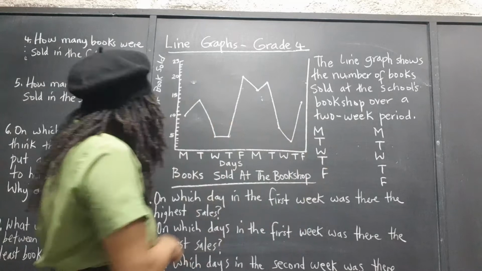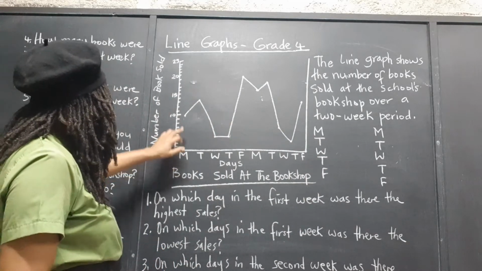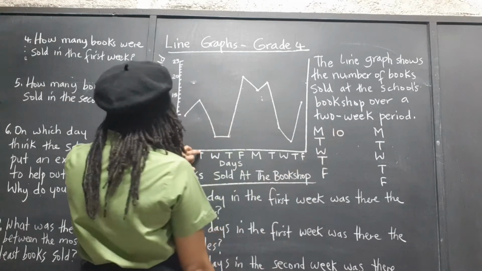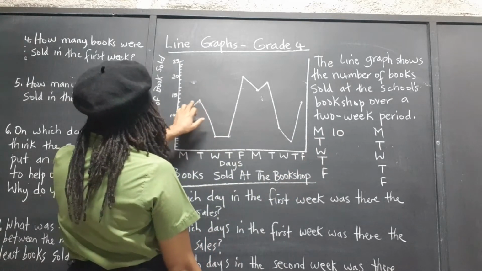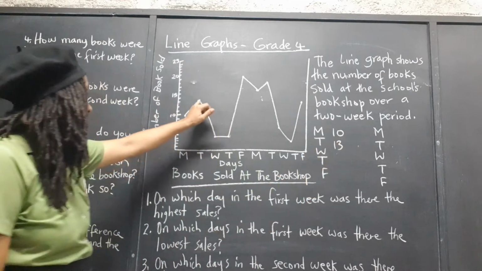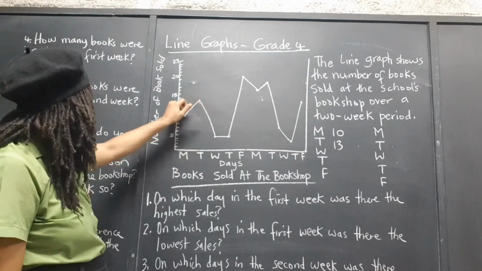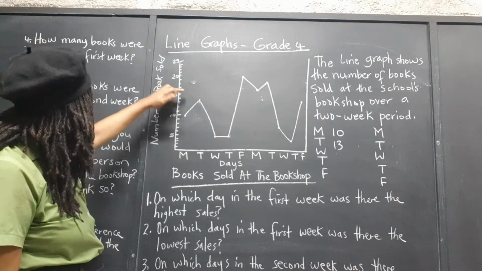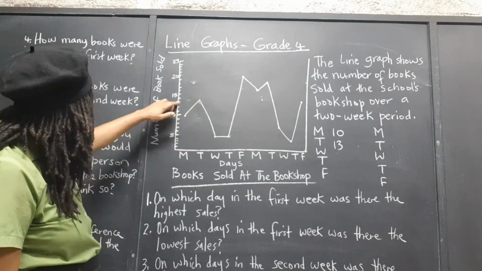So for the first week, on the Monday, 10 books were sold. On the Tuesday, we had 13 books sold. So we just find the highest point and take the reading to the side, right? So here is 15, but this comes across at 30.